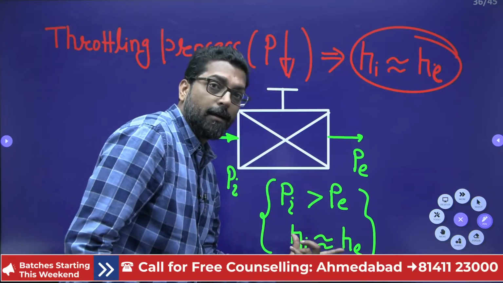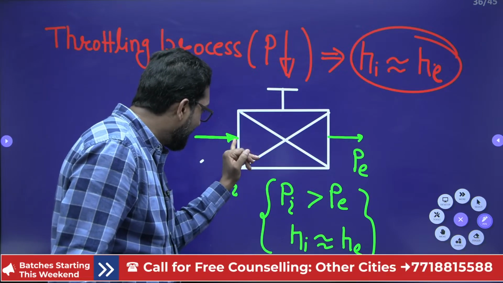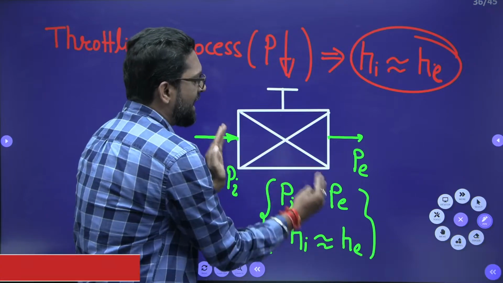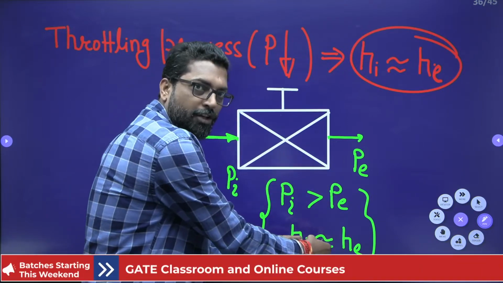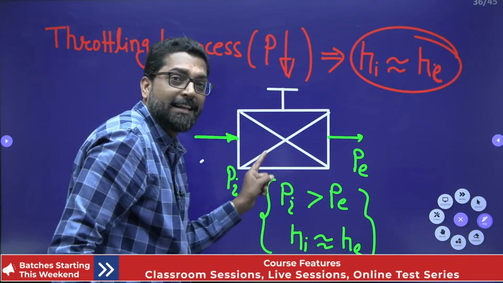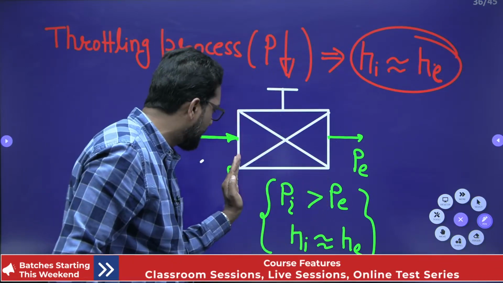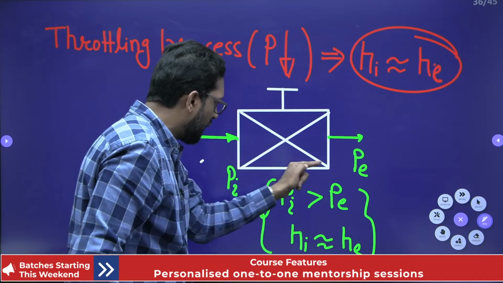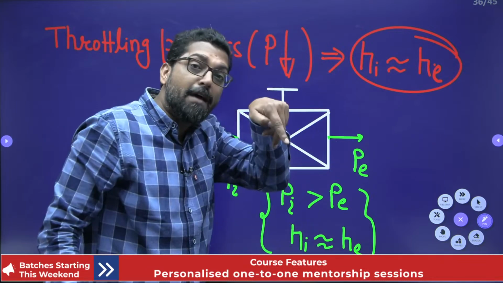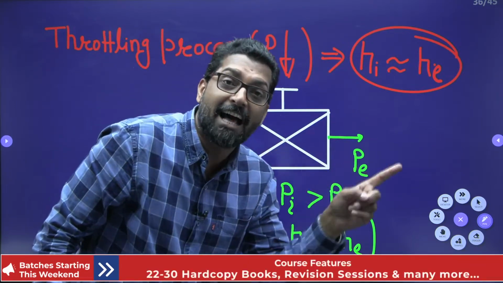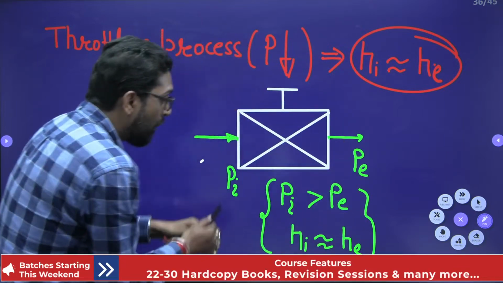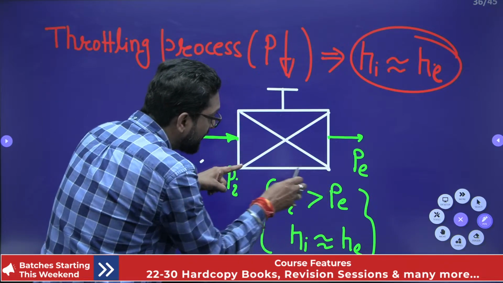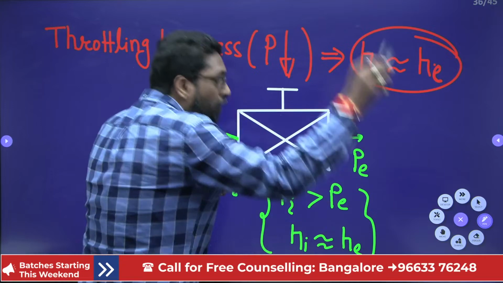That is okay, but in which sense is the enthalpy at inlet the same as the enthalpy at exit? There is very little chance of reducing the energy in between. The energy at inlet and the energy at exit throughout the throttling are the same. So in that manner we can say that throttling is an isenthalpic process, but it is not necessary. Why? Because the enthalpy at inlet is the same as the enthalpy at exit, but it is not necessary that the enthalpy is the same throughout.